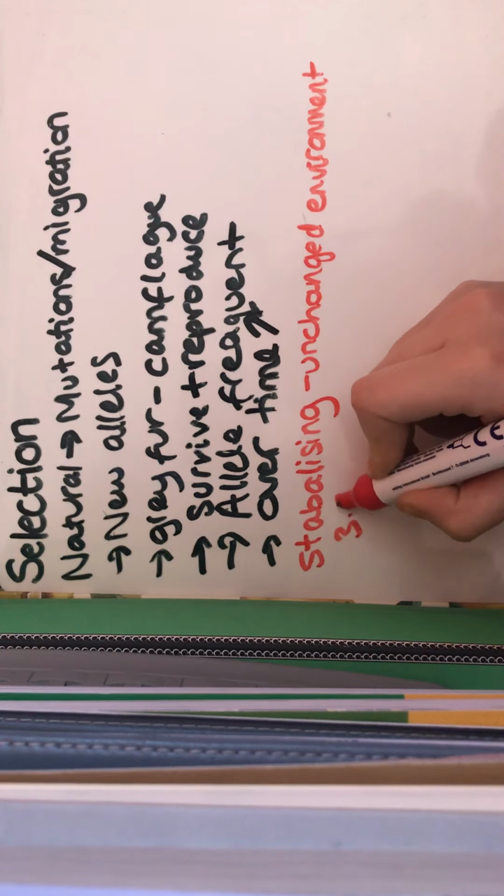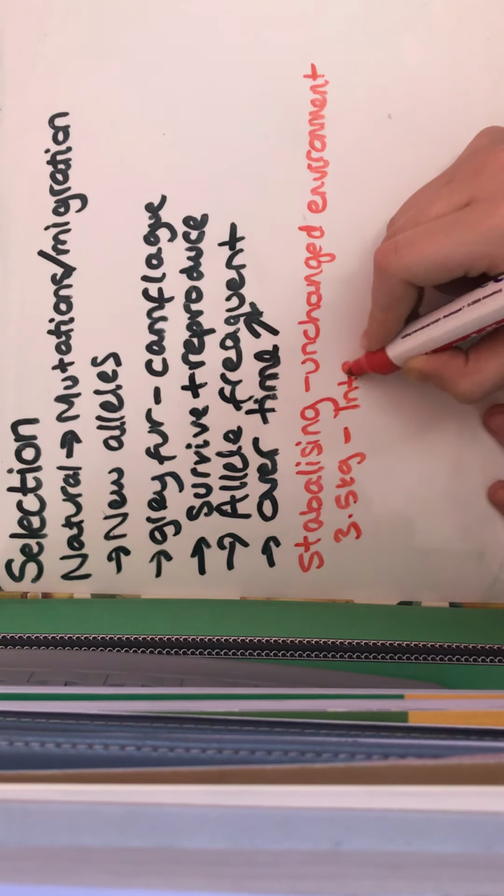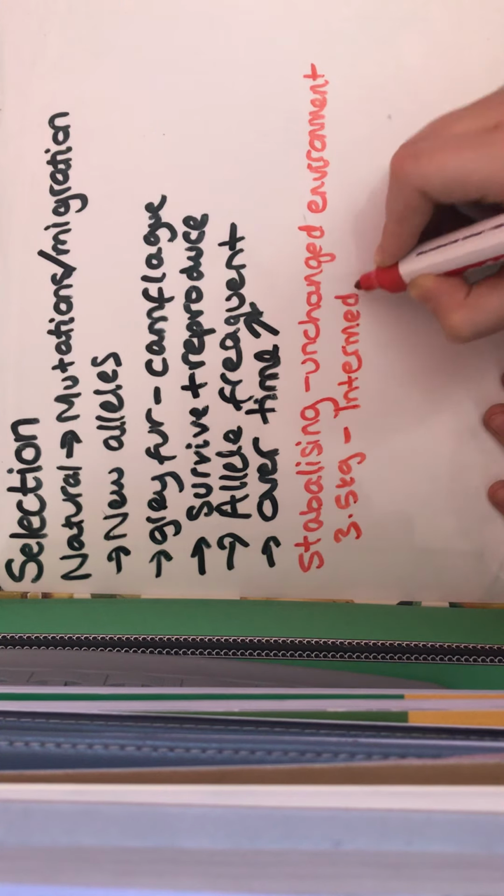So in humans, babies with a birth mass of 3.5 kilograms are more likely to survive. So they inherit different alleles leading to this mean birth mass. So it's the intermediate phenotypes.